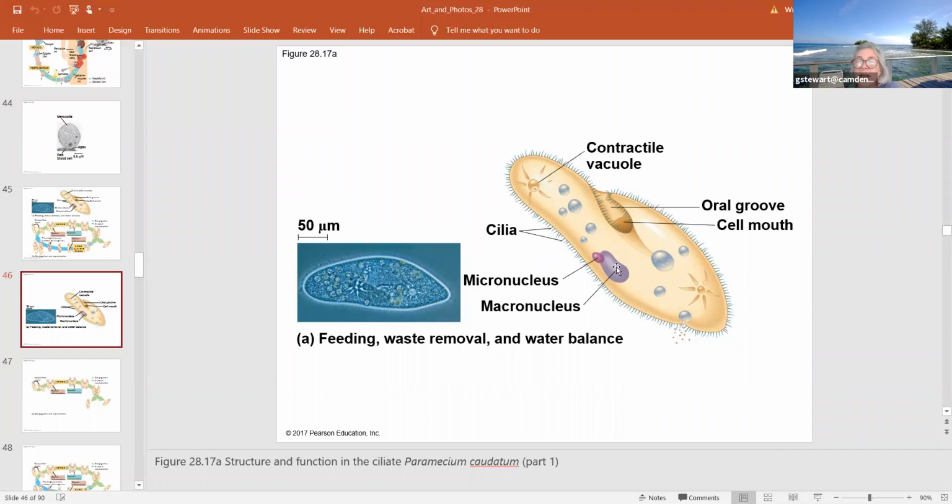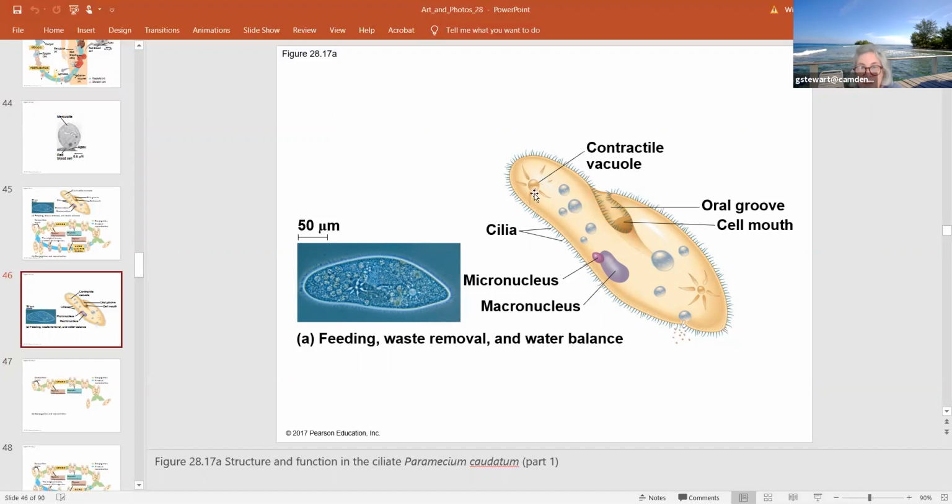They have 2 nuclei, which they can actually exchange the micronucleus with another paramecium for increased genetic variability. They attract their food this way. They basically brush food into their gullet here, which then parcels this off into a vesicle for digestion.